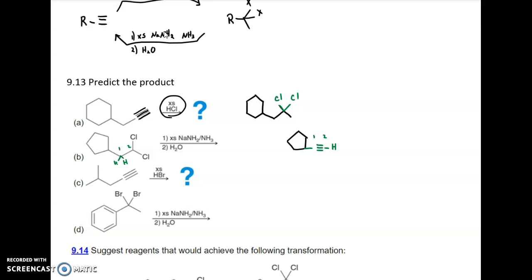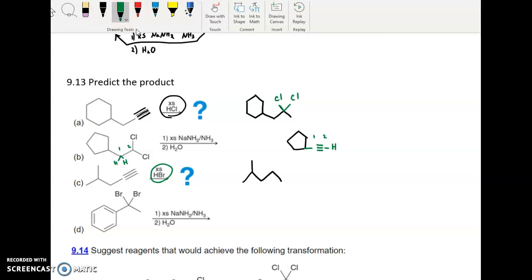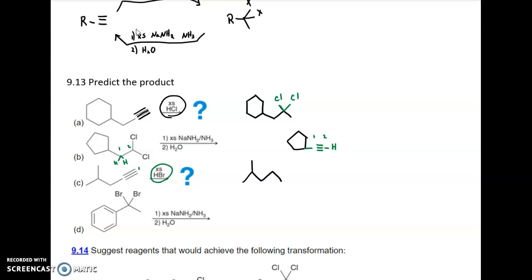Okay, here we treat with an excess of hydrogen bromide. So we're going to get 2 bromines added. I'm going to number my carbons, 1, 2, 3, 4, and 5. 4 has a methyl group on it.